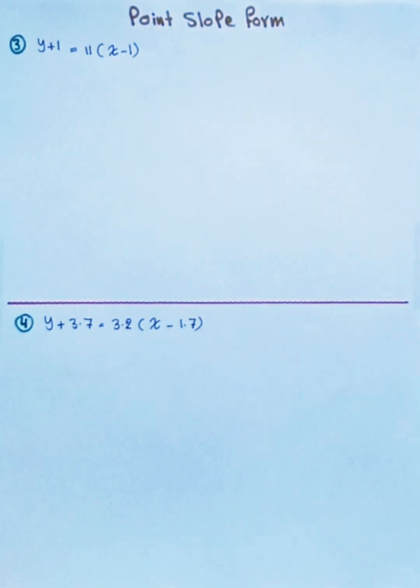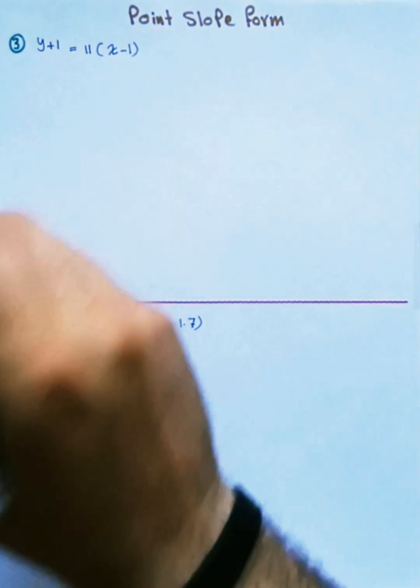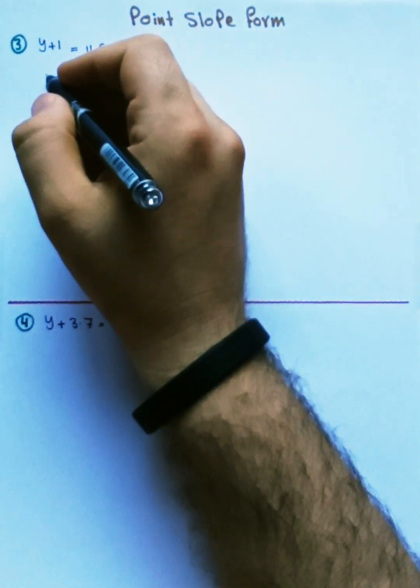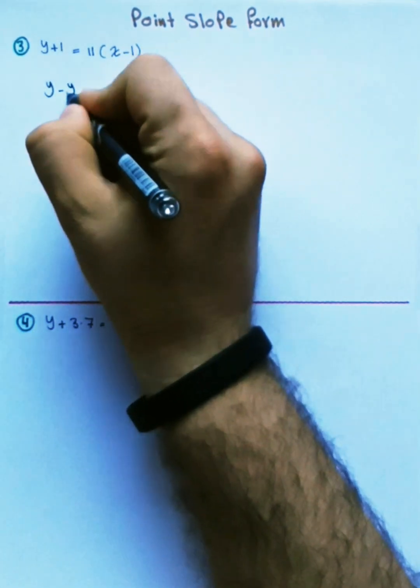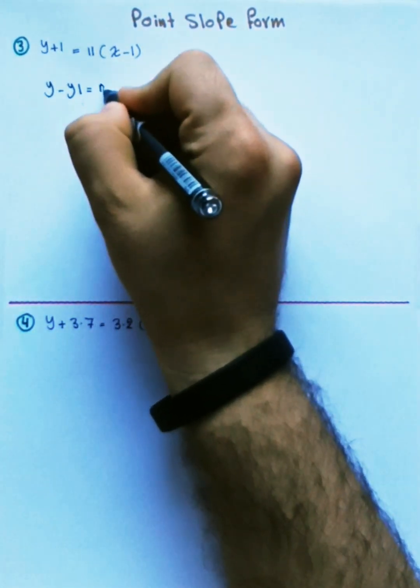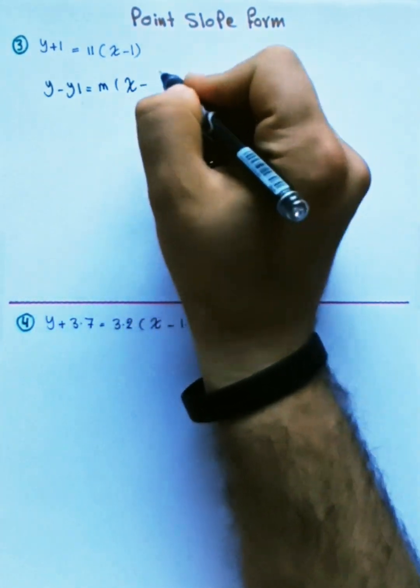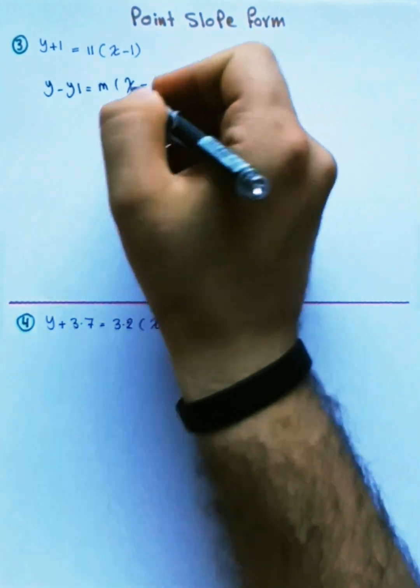Example number 3, we have y plus 1 equal to 11, x minus 1. We have to rewrite this equation in point slope form: y minus y1 equal to m times (x minus x1).